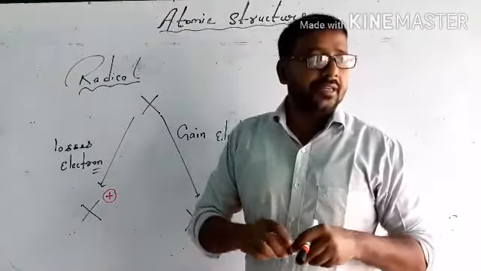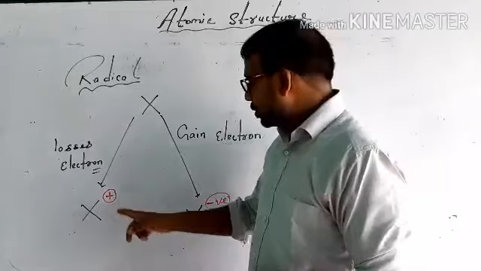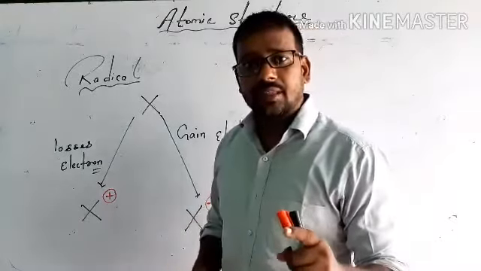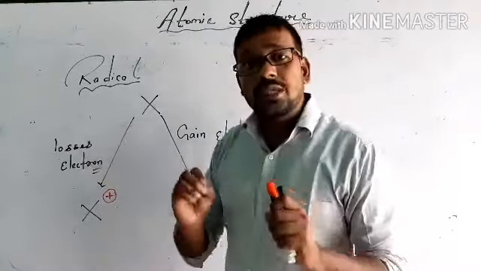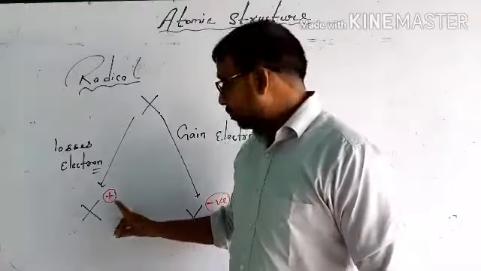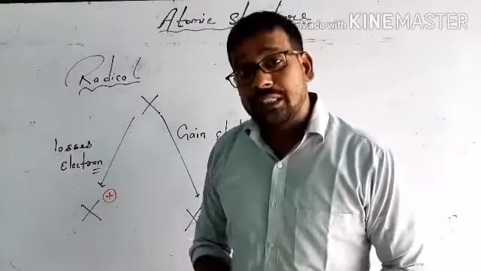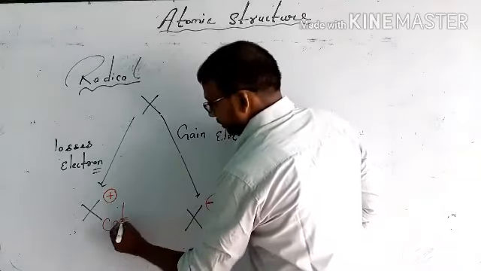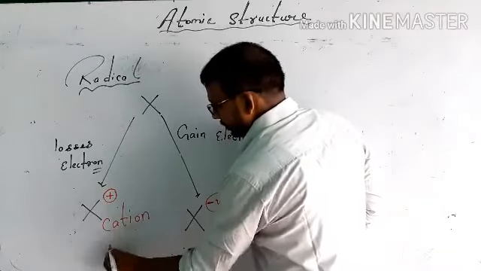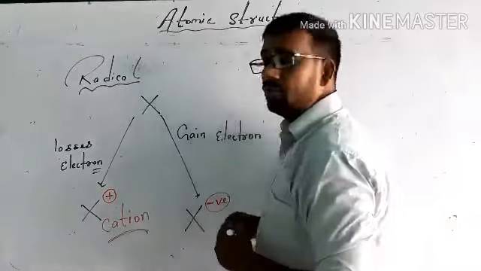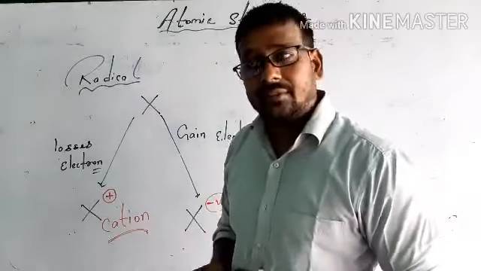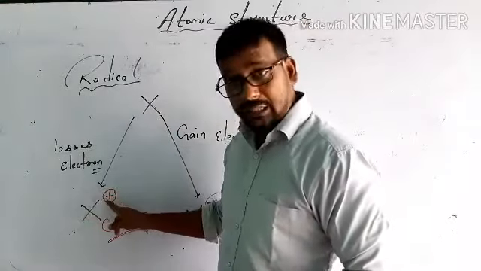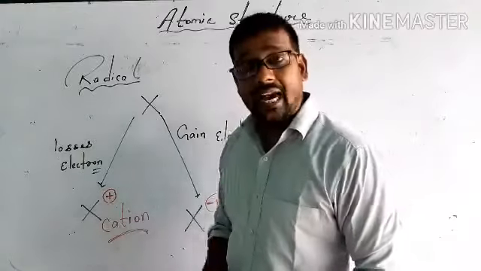So it is very clear what is positive charge and what is negative charge. When any element loses electrons, it carries positive charge, and a positive charge particle is called a cation.